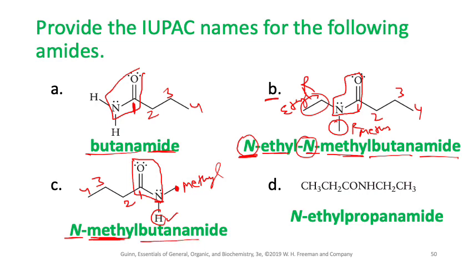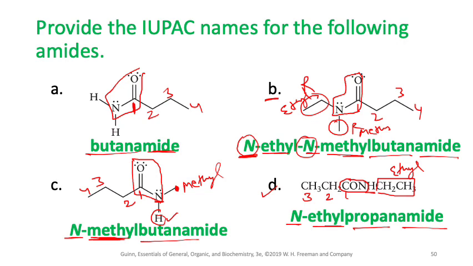Right? And if you have this kind of condensed structure, the time I see C double bond O N, I know this is an amide, and on the nitrogen one of the bonds is hydrogen, another bond is an ethyl group. So I can say N-ethyl. How many carbons in the parent chain? 1, 2, 3. 3 is propane, propanamide.